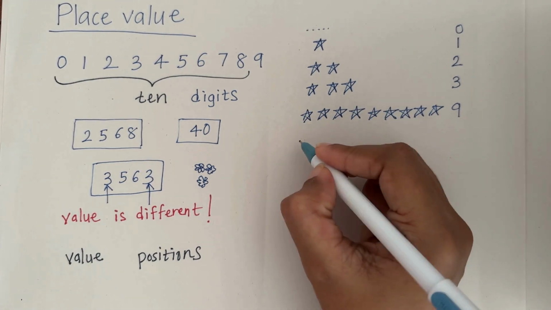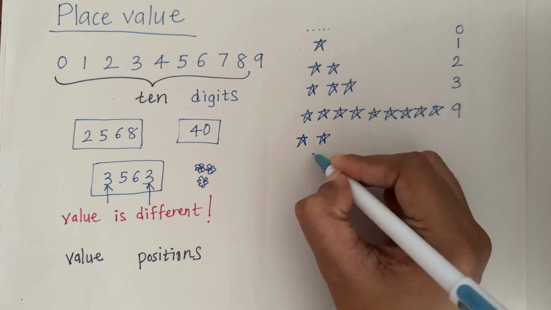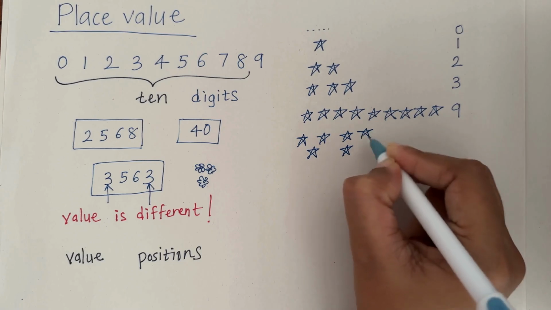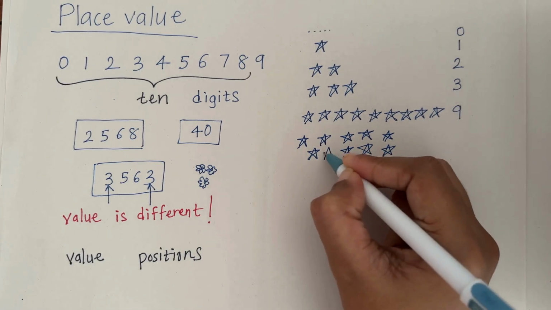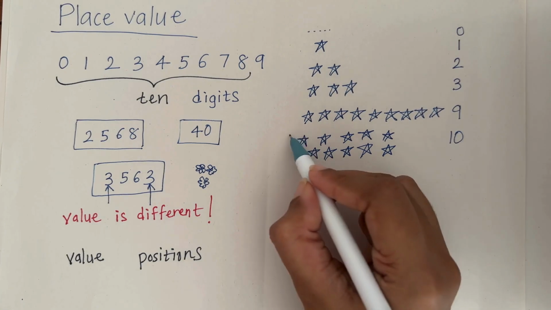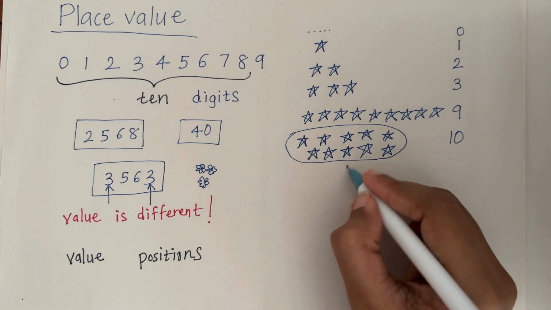Let's say that now we have 10 stars. We put these 10 stars into a box.